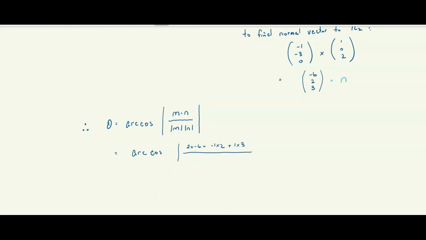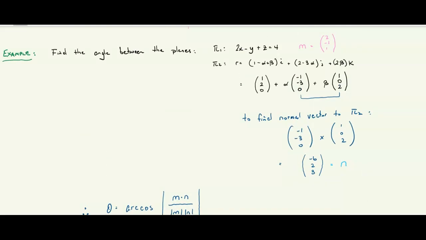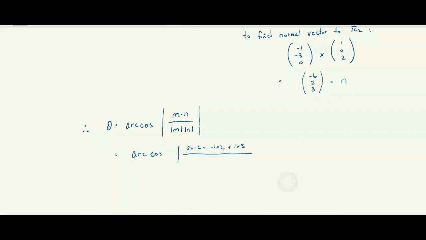That's all over the modulus of m, the square root of 6, by the modulus of n, the square root of 36 plus 4 plus 9, 49.